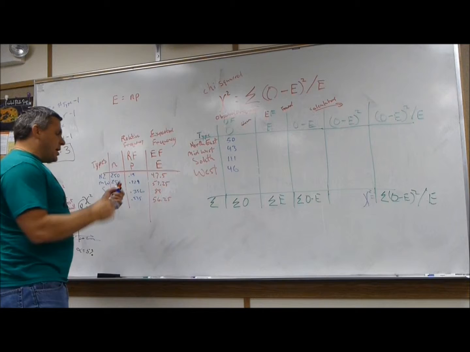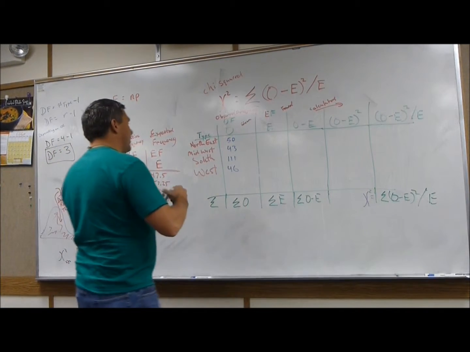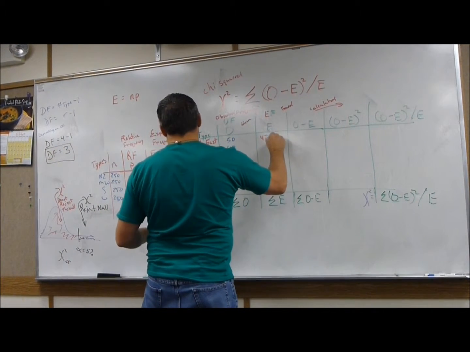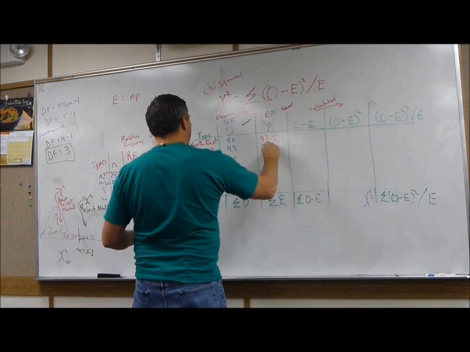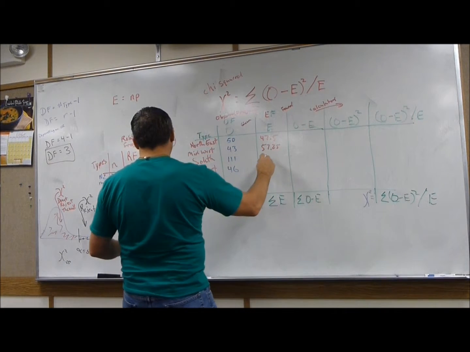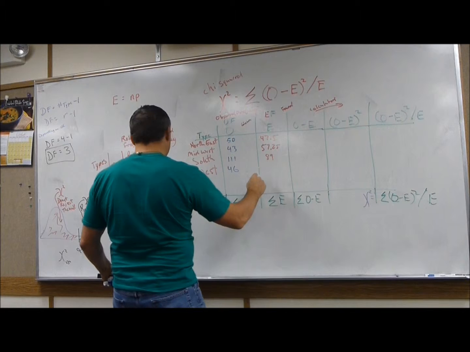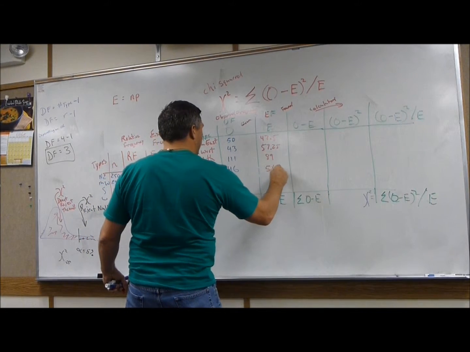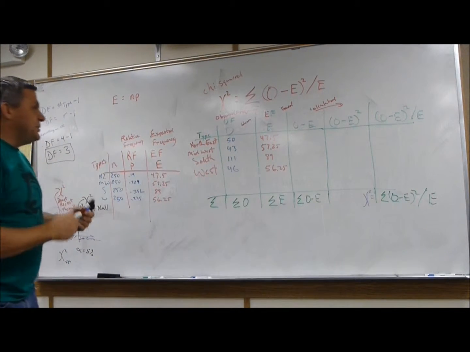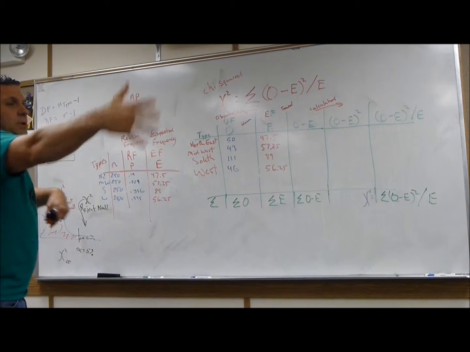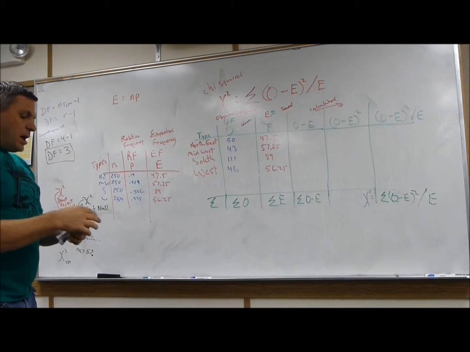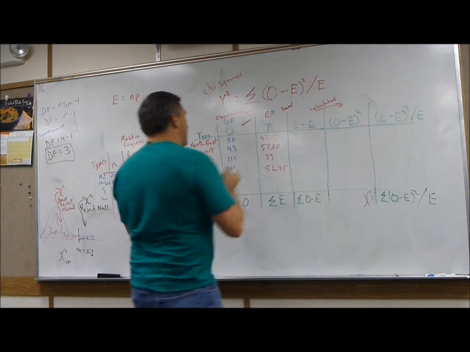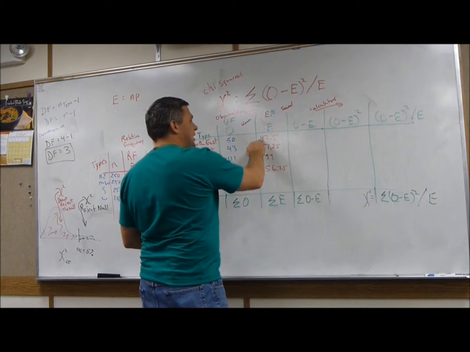And we just found the expected values of 47.5, 57.25, 89, and 56.25. So what we now do is step through our problem and use each observed minus expected to come up with this.